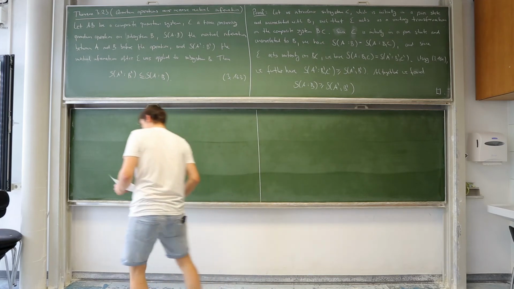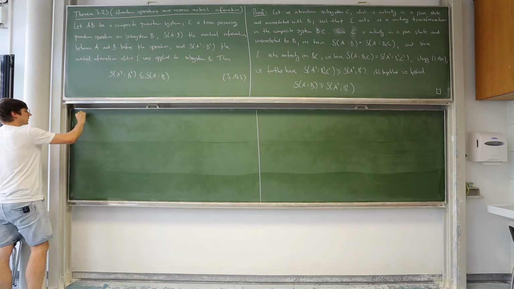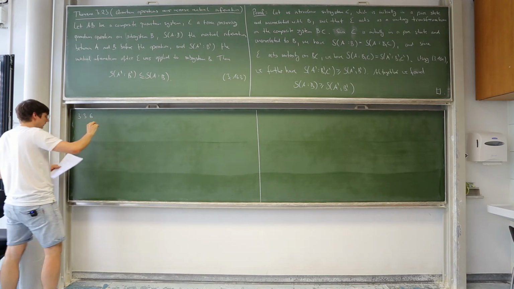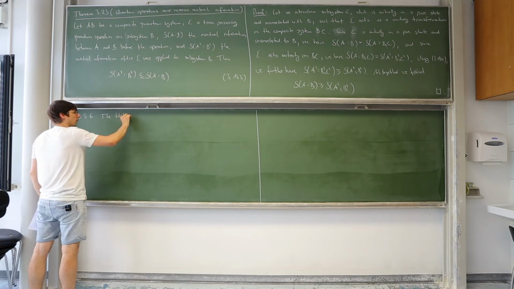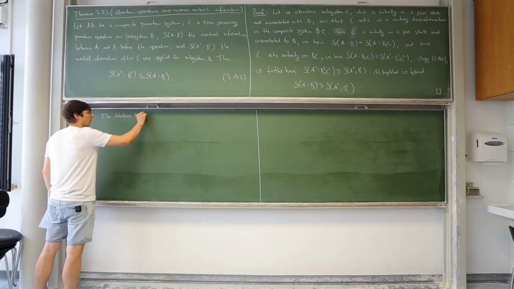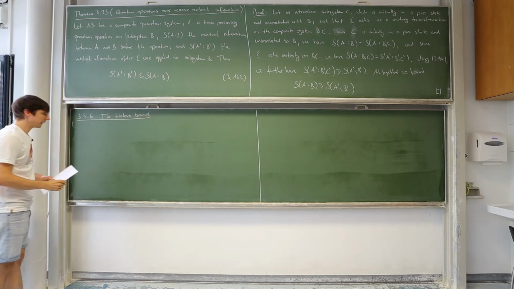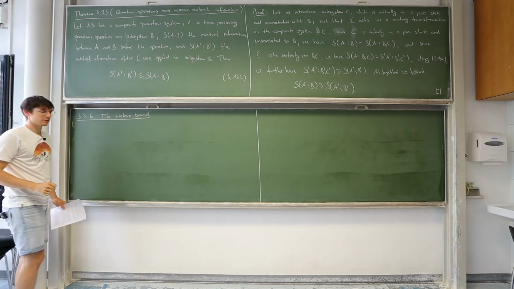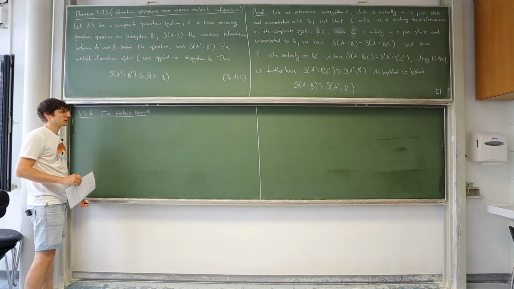Our next section is the so-called Holevo bound, section 3.3.6. Okay, as I just said, let's take a look at this communication protocol between Alice and Bob.